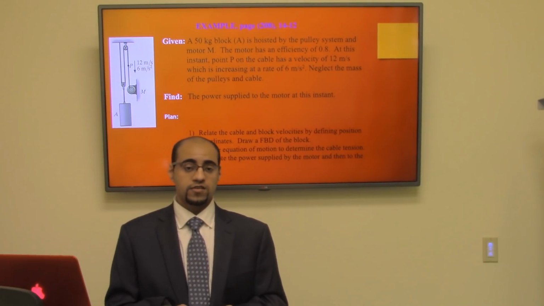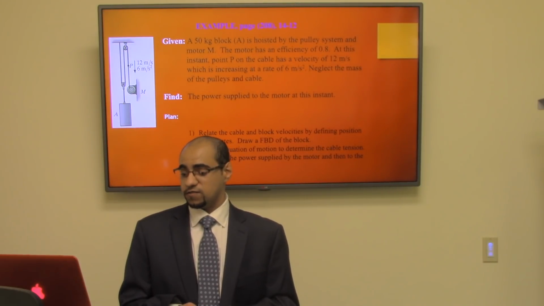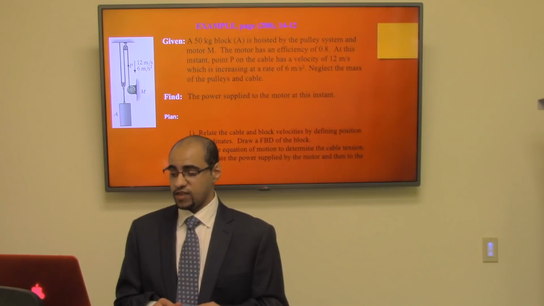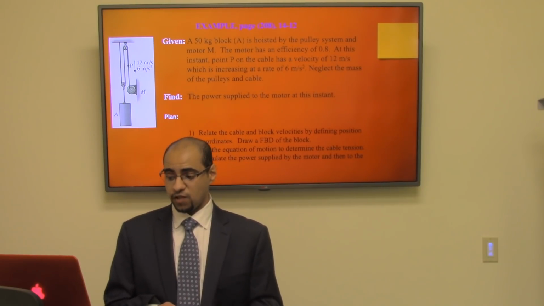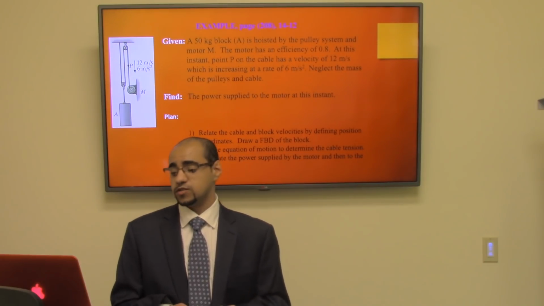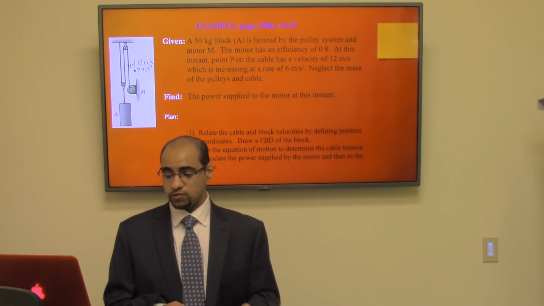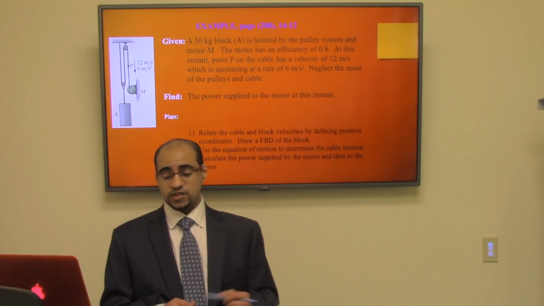But before we do the calculations, we have to make some plans. First, we have to create a free body diagram of the block or even the entire system. Second, we need to use the equations of motion to determine the cable tension.